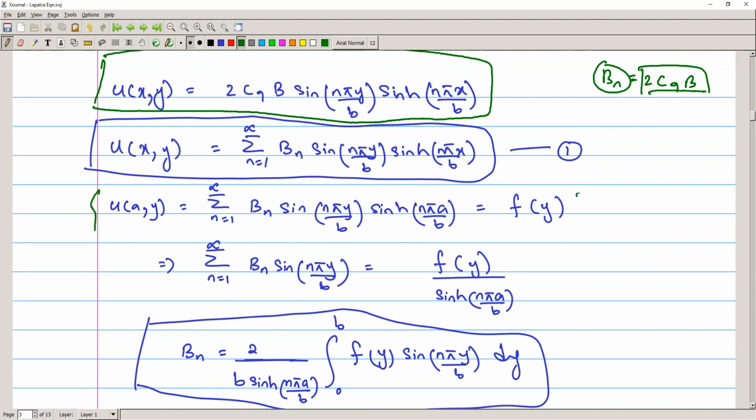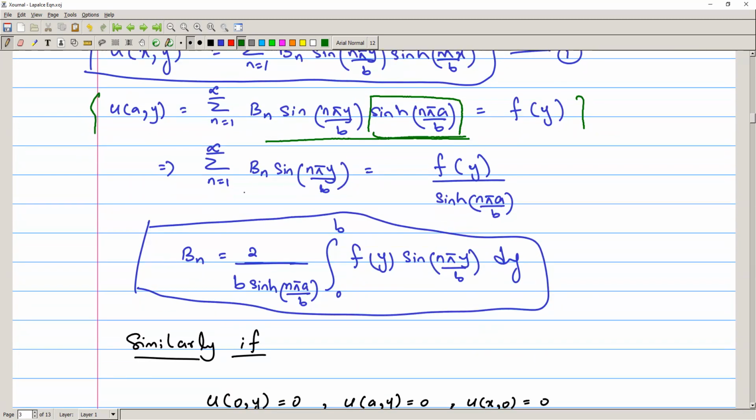Now we'll apply this condition, that is u of a comma y equals a function of y. So we will plug a in place of x. So we will have this function sine hyperbolic n pi a over b, which will be a constant now. So we can use the Fourier series to solve the problem.